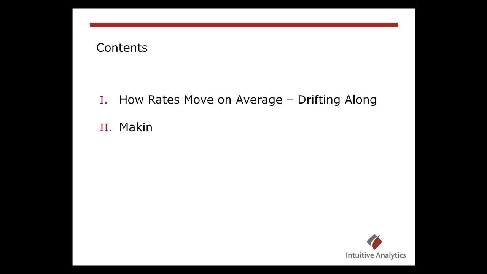First, we'll look at how rates move along, and this is a section where we'll review the drift component of our interest rate model. On average, where do rates go from one time period to the next, and how is that specifically calculated? The second will be looking at the volatility component.